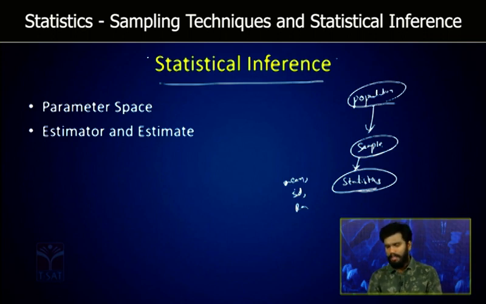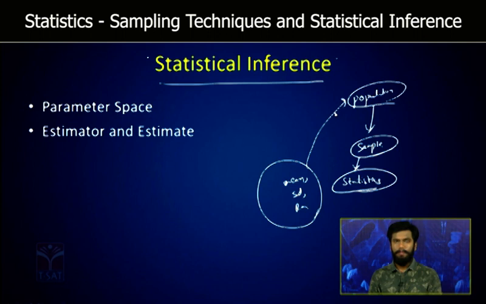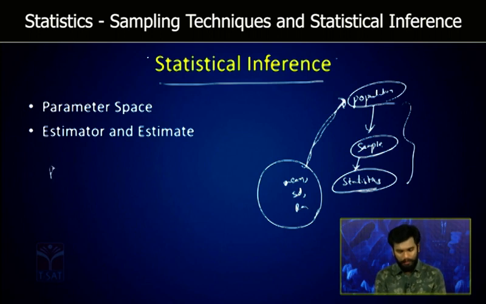Our immediate next step is to estimate this for the population. This process of drawing the sample is called sampling techniques, and after finding the statistics, estimating to the population is nothing but statistical inference.